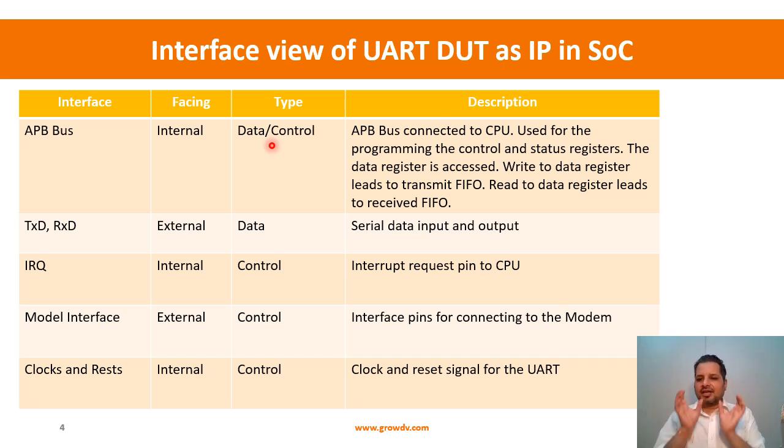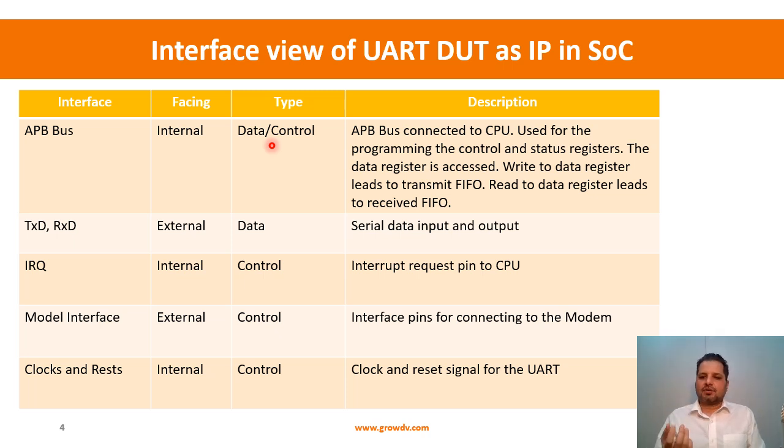So there can be 2 different buses coming into an IP, one for data path control and the other for register control. Those buses are different because the data path is high speed and transmits at a very high speed. Those are high speed serial IOs, so they need to pump the data at higher speed. But the UART is a low speed serial IO, so it doesn't need a separate data path. Both the data and control for the UART go through APB.